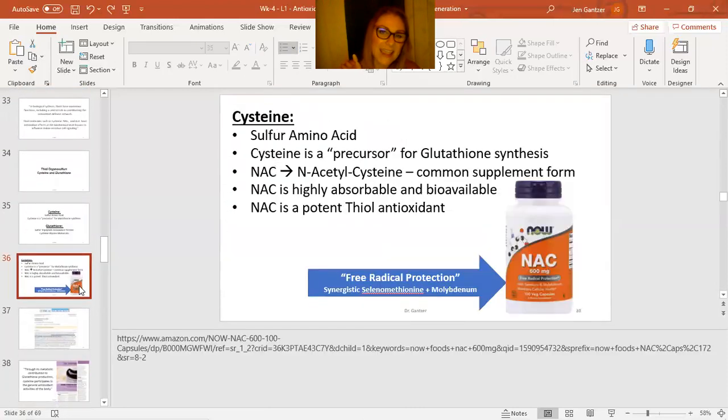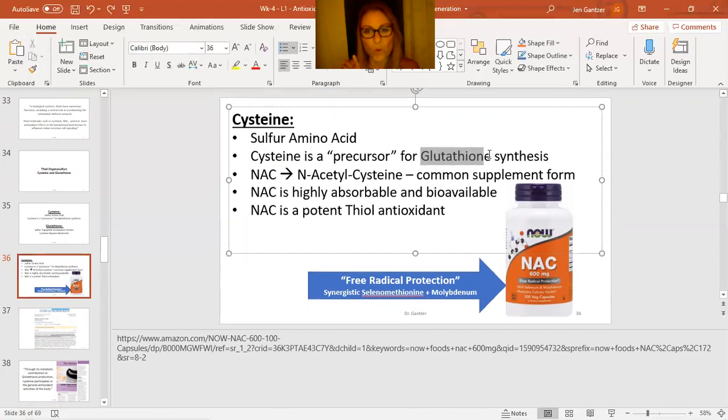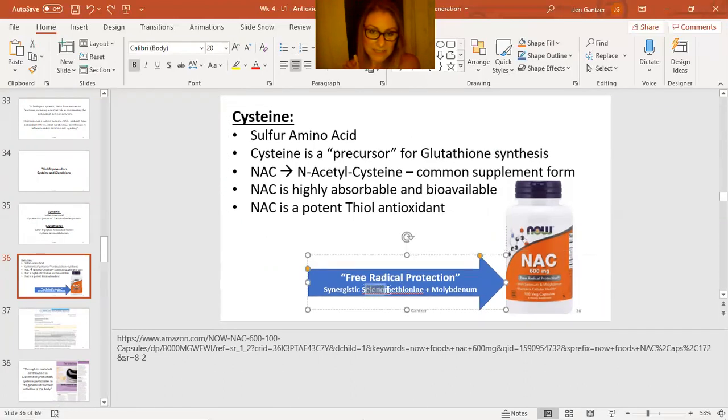And what did we say about NAC? N-acetylcysteine is going to be a precursor that's going to support the synthesis of glutathione. And then we just learned that the selenium is going to participate in the glutathione peroxidase reaction to fight hydrogen peroxide by converting it to water.